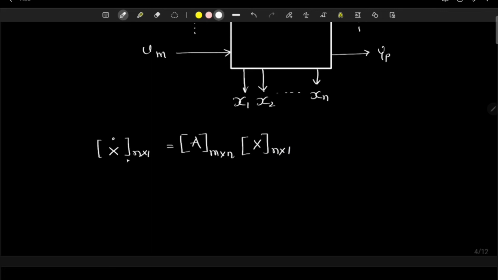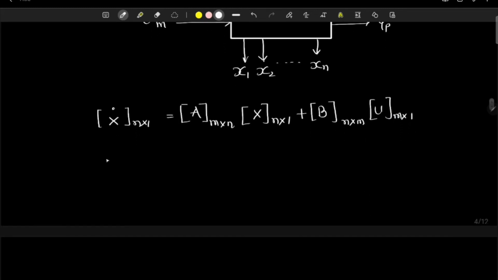So x dash is the differentiation of the state vector, and here x is the state vector. A is your system matrix. So this plus B, which is nothing but the input matrix, that is n into m, and u, which is m into 1.